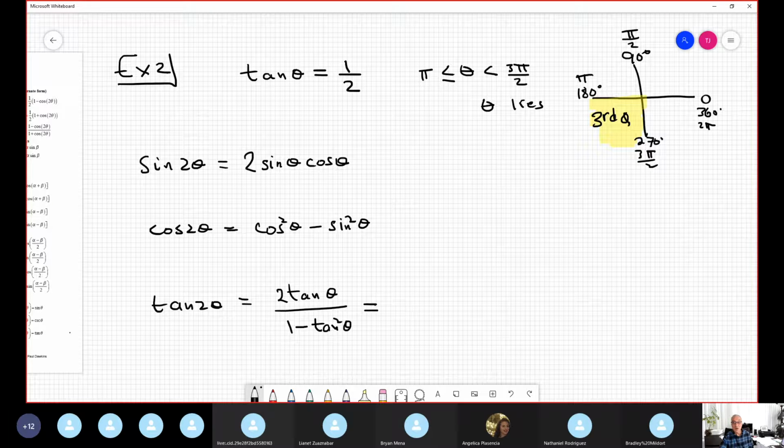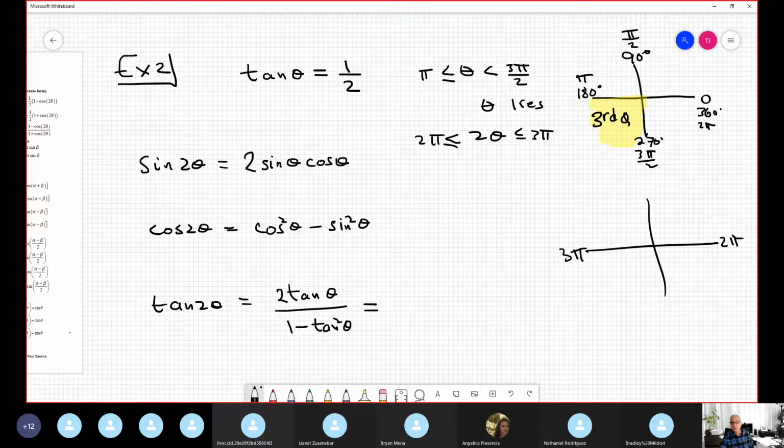And what is the quadrant of 2 theta? It is always ambiguous. It's not clear. You multiply everything by 2, so it's between 2 pi and 3 pi. 2 pi is here and 3 pi is here. 3 pi is equivalent to pi, so any odd multiple of pi lands at pi.